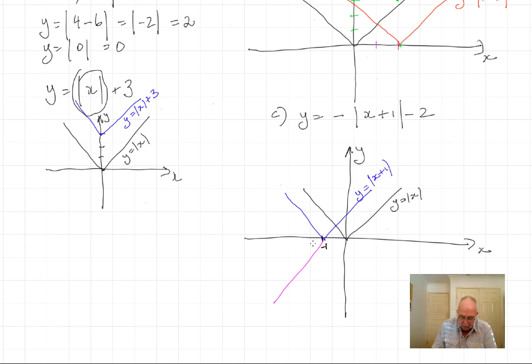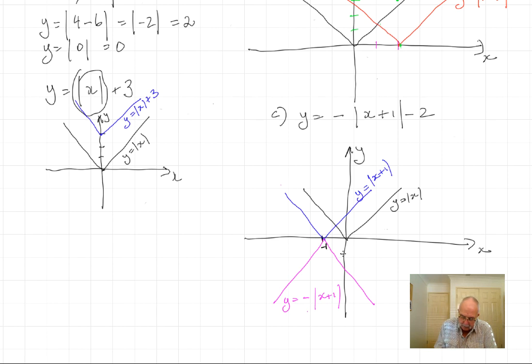So whatever the line there is reflected to that one, and this blue line going up there is reflected in the x-axis. So it'll come down like that. So that is y equals negative absolute value of x plus 1. So the negative out the front just flips it. And then minus 2 simply moves it 2 units down.